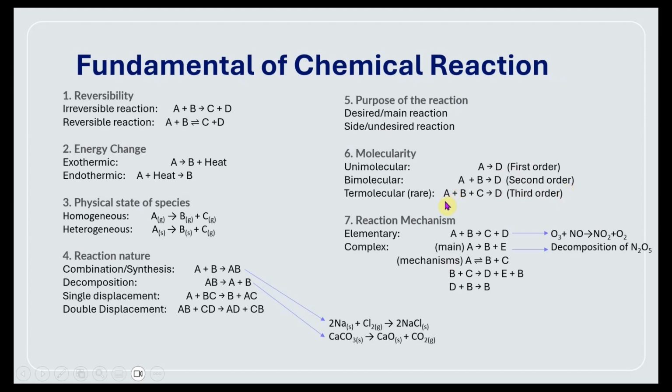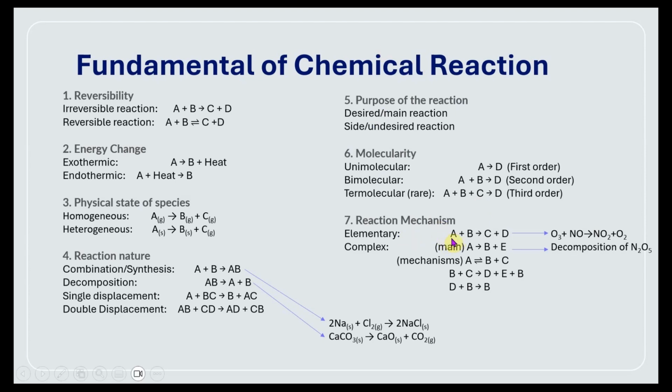But termolecularity or third order reactions are very rare, because if there are three different kinds of species inside the reactor chamber, these three molecules should collide together with the correct direction, energy and speed to initiate the reaction and produce product, which has a very low chance. Therefore, these kinds of three-molecule reactions are very rare in nature.